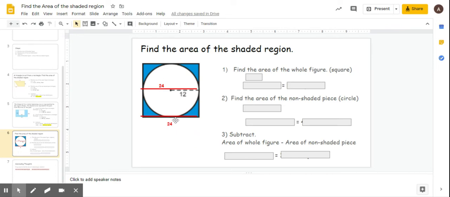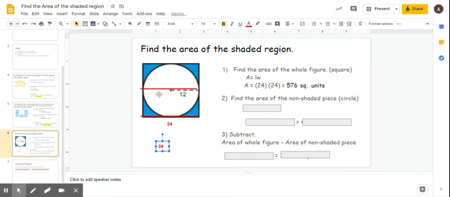All right, so now that you know that, we can find the area of the square. So if this bottom piece is 24, the side piece is also 24. So when we do the length times width, we're going to multiply 24 times 24 to get 576 square units. Then we're going to find the area of the non-shaded piece.